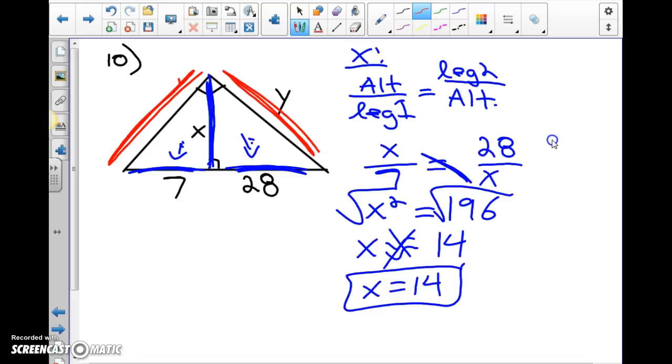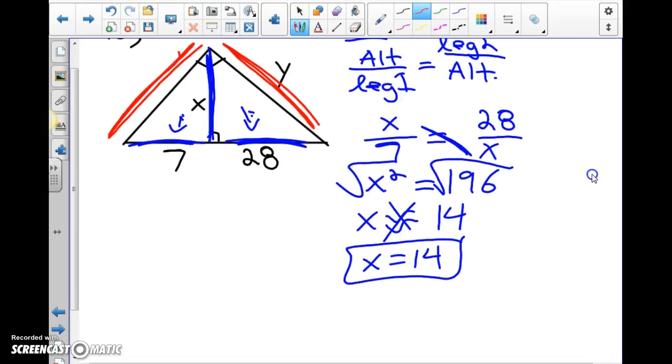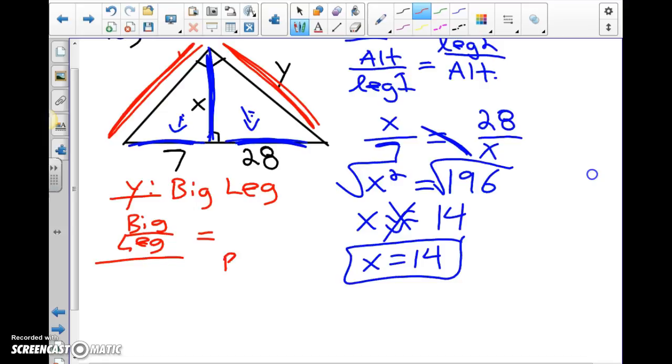Now, it looks like my y is sitting on one of those big legs. So that lets me know that in order to find y, I'm going to need to use the big leg proportion. Well, doing it, I've got the big leg here. Then I've got where the sides meet.